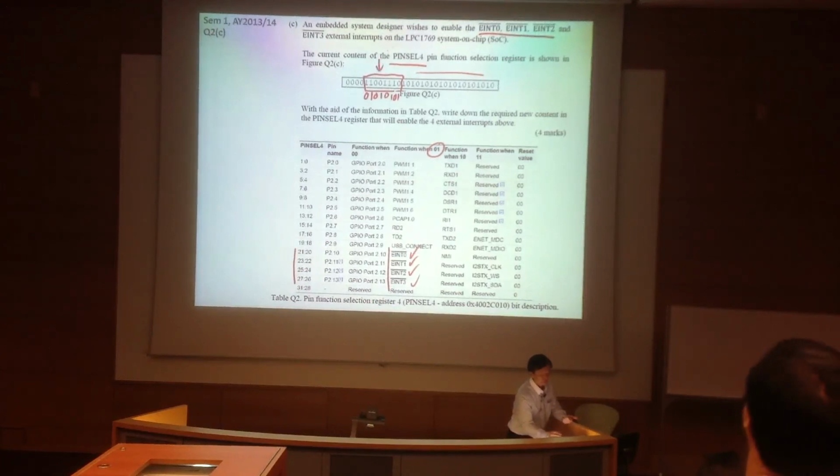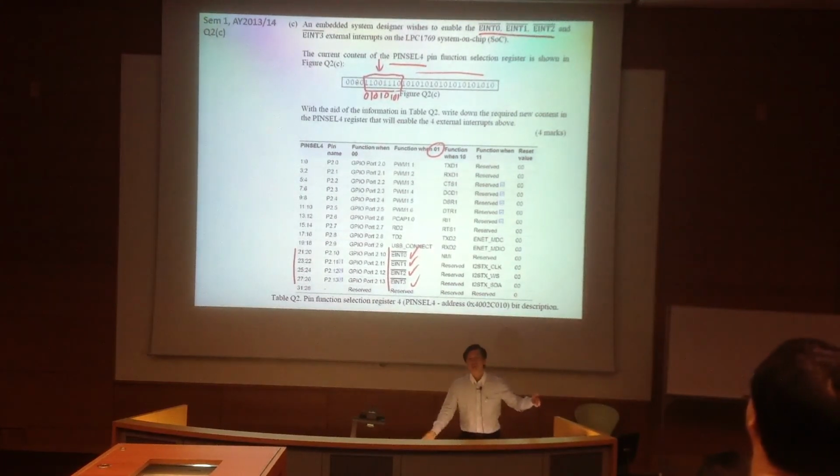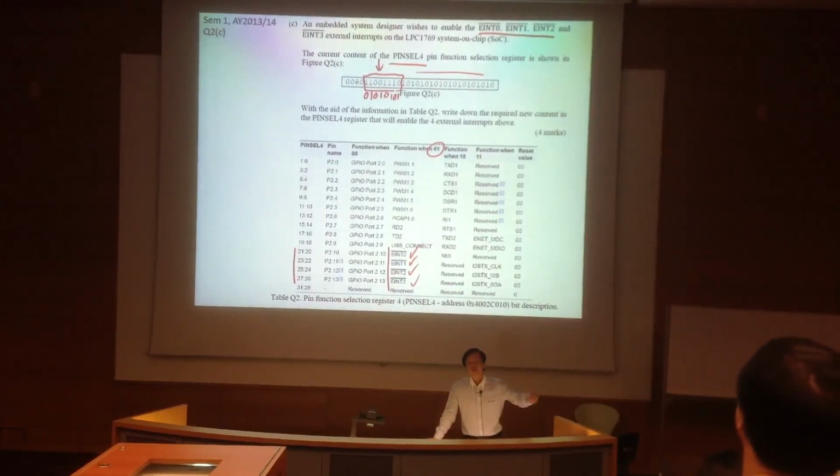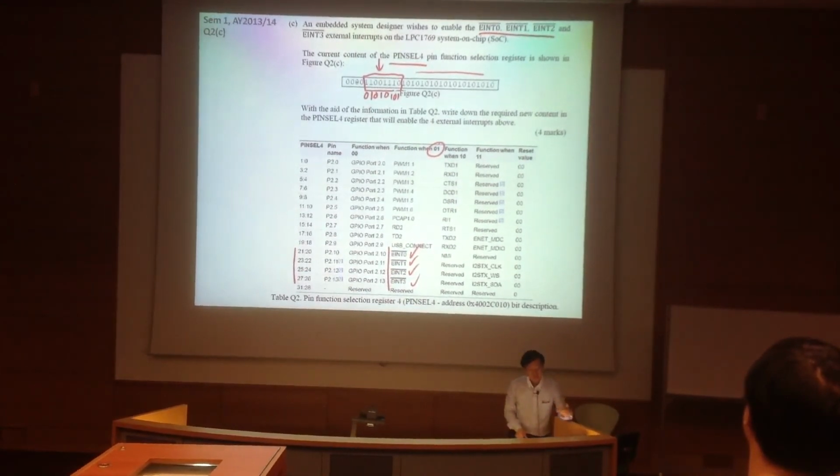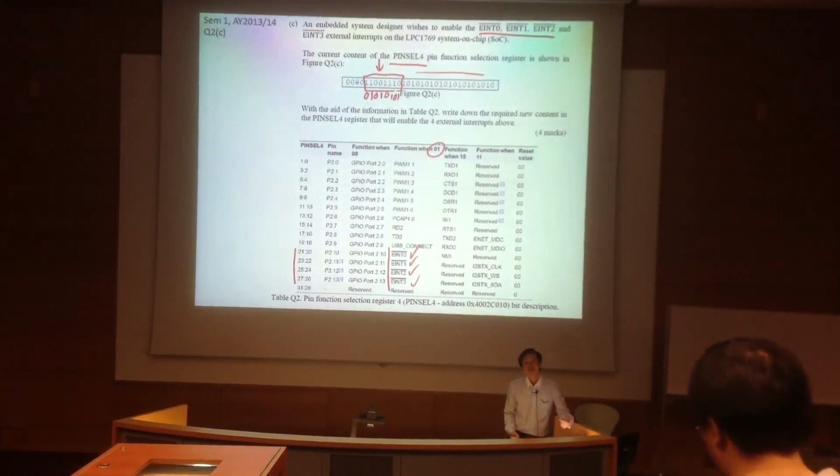Only affect this part. Now, because it is 0, 1, I cannot just OR it in the pattern, or I cannot AND it in the pattern. We covered this in tutorial. You need to clear it first. And to clear it, use what instruction? Bit clear. Okay.